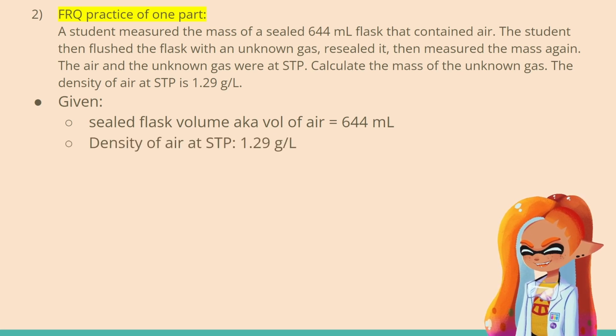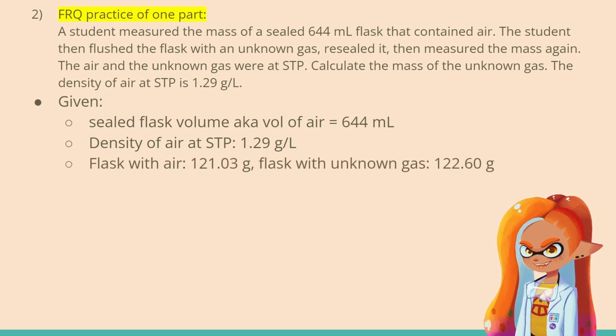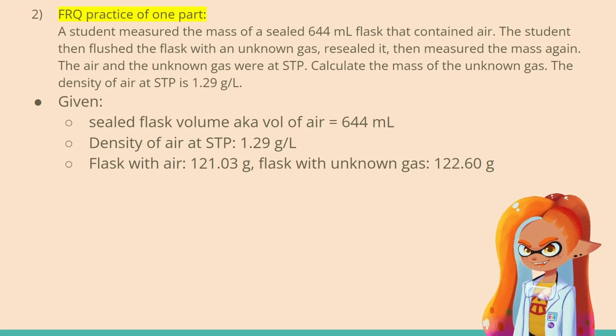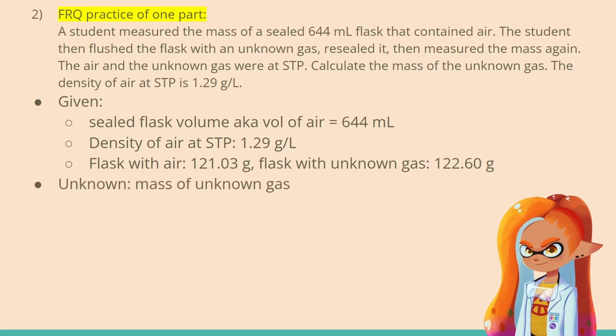The density of the air was given at STP, standard temperature and pressure. The flask with air has a mass given here in grams. If you have an unknown gas that changes the air in that flask to now some unknown gas, what is the mass of this unknown?